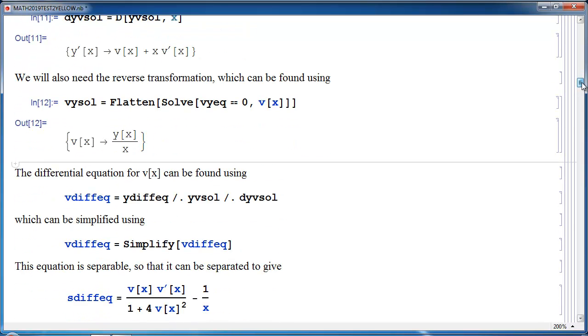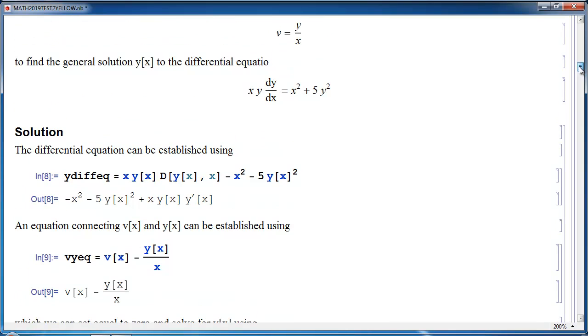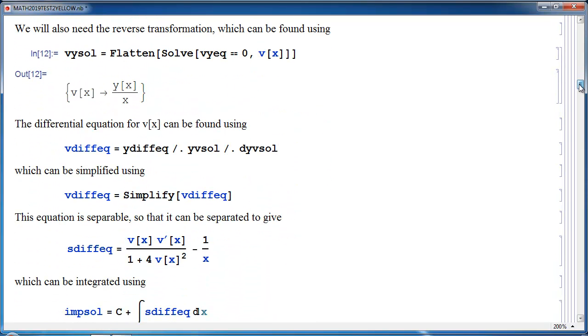Well, we now want to get the differential equation for v, which we can do by substituting the transformation and its derivative into the equation, which is here somewhere. There. So let's do that. And what do we find?